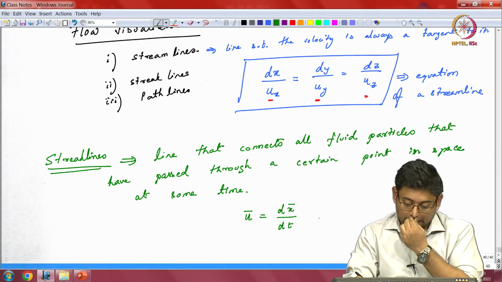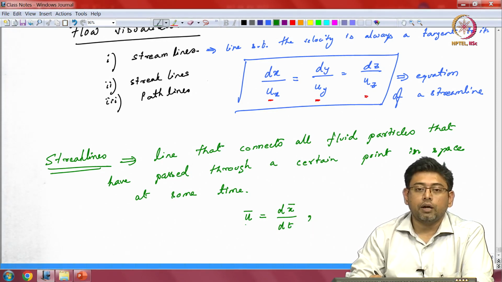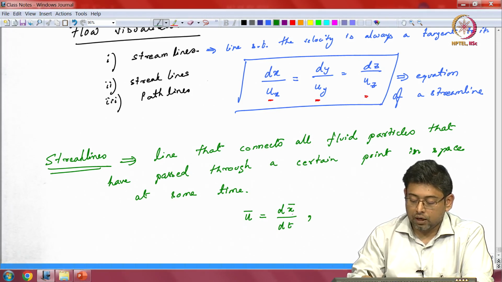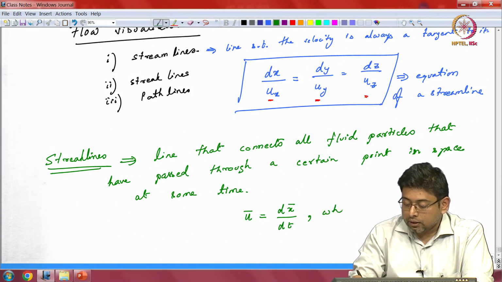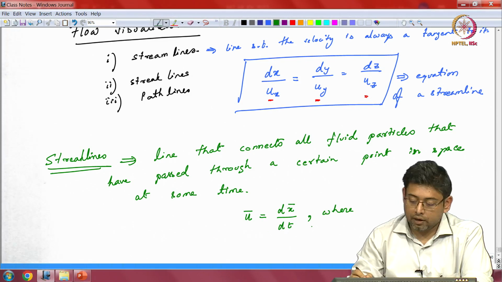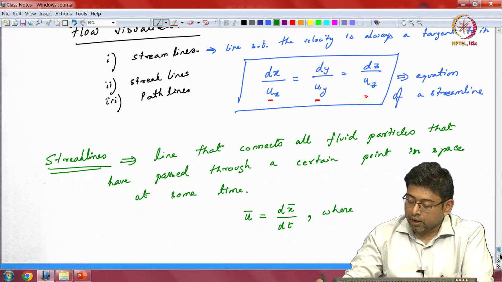So, the equation that describes them just says that you have to equate your Eulerian velocity field to the Lagrangian velocity of the fluid particle, where this equation, which represents an ordinary differential equation, has to be solved under a certain boundary condition.